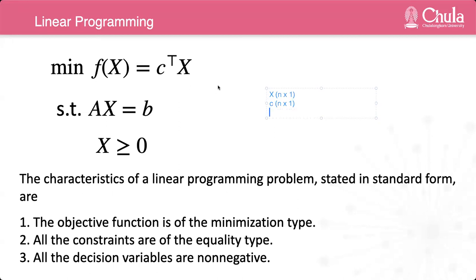And the last one, what about A? A is a matrix, M by N. What about B?